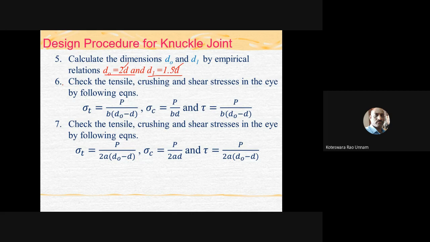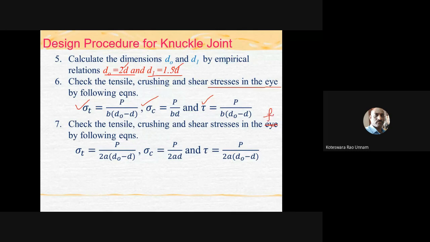Then you need to check whether, with these dimensions, the stresses in the components are within the allowable limit or not. First we'll take up the eye. You need to check the tensile stress, bearing stress and shear stress in the eye. Then similarly you need to consider the fork also.